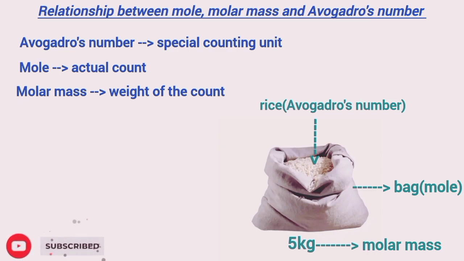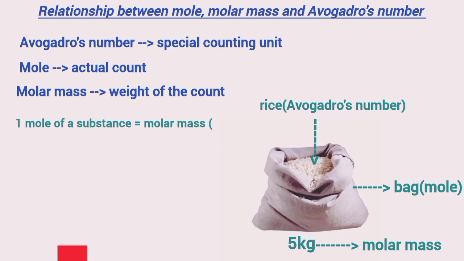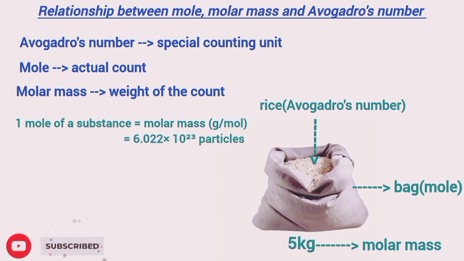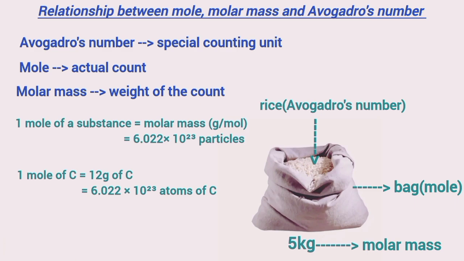So we say 1 mole of a substance is equal to the molar mass of that substance, and is also equal to 6.022 times 10 raised to 23 particles of that substance. So if you have 1 mole of carbon, that will be equal to 12 grams of carbon, and also equal to 6.022 times 10 raised to 23 atoms of carbon.